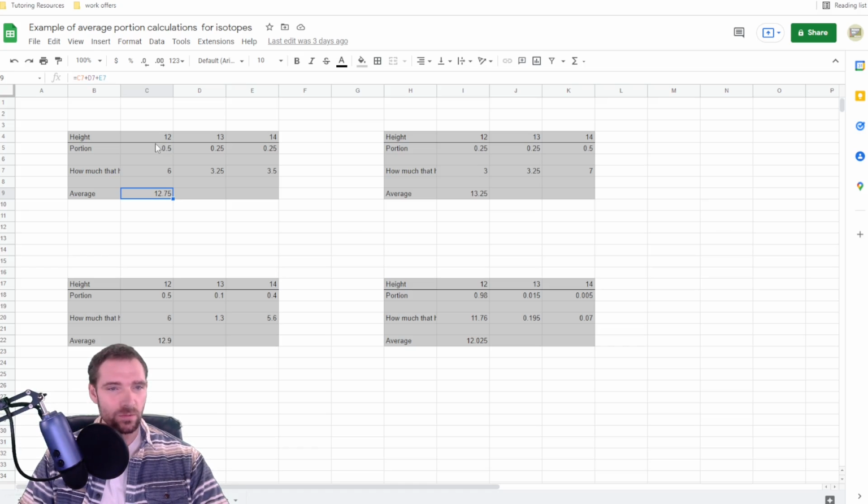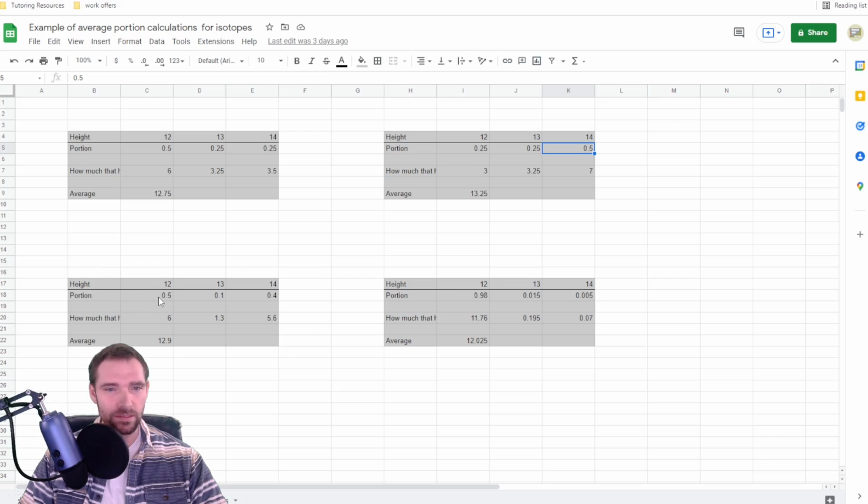You can see if I tweak the values over here, when more of the portion is 14s, if you have more heights that are close to 14, your average is going to be closer to 14.